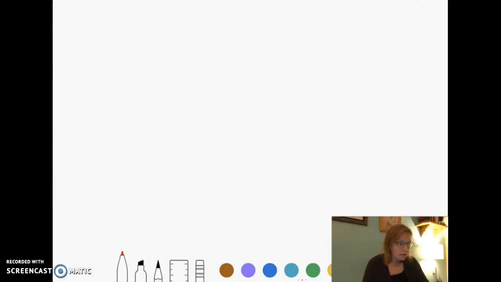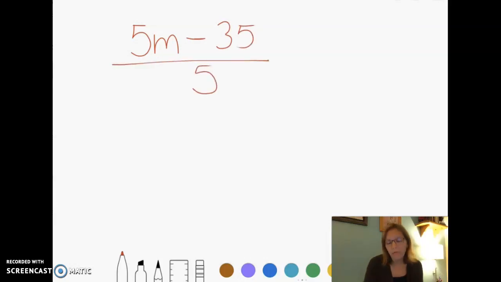So another type of problem where you're just combining like terms involves division. So we've done some plus and minus, we've done some multiplication, let's do some division. So I might have 5m minus 35, and it's all being divided by 5.